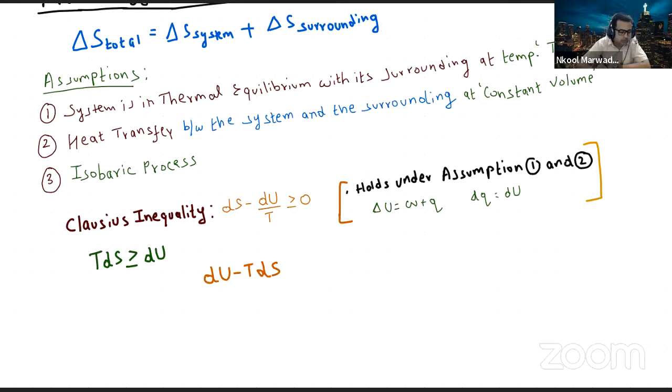And what is this A? A is the Helmholtz free energy. I will write it for reference: capital A is Helmholtz free energy. So now we are taking this equation towards the free energy.